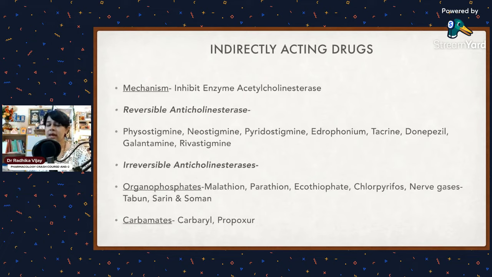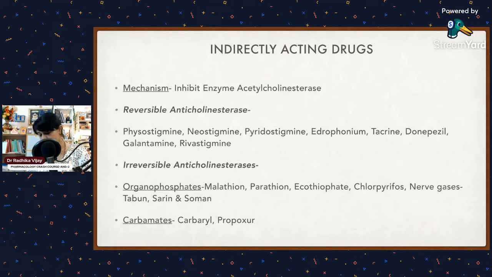The reversible anticholinesterases are physostigmine, neostigmine, pyridostigmine, edrophonium, tacrine, donepezil, galantamine, and rivastigmine. They inhibit the enzyme acetylcholinesterase reversibly, and by doing so, they prolong the duration of action of acetylcholine.